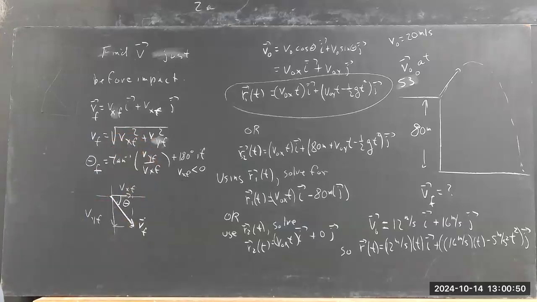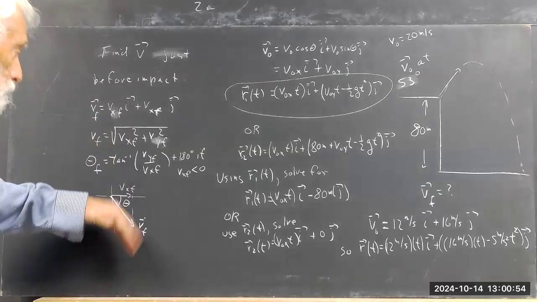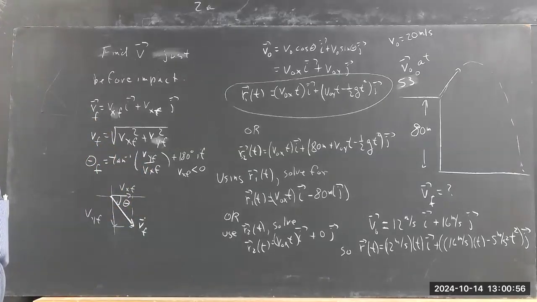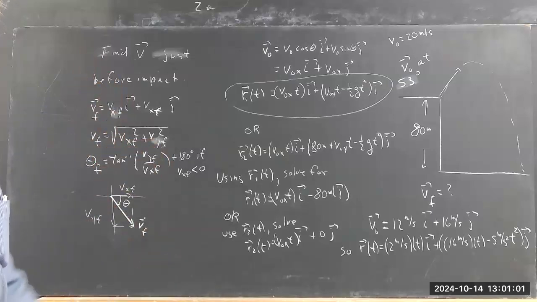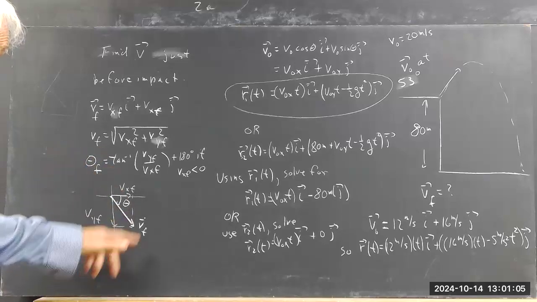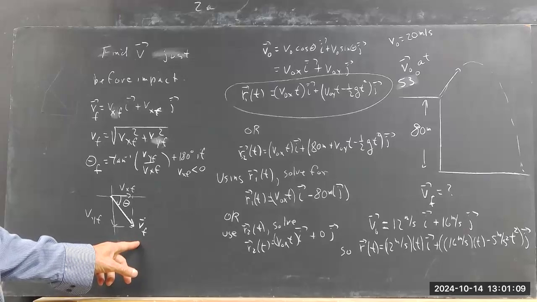So you take the arctangent of a negative. The arctangent of a negative gives you an angle between negative 90 degrees and 0, or negative pi over 2 and 0, whatever. Okay. There it is. Right there's the whole picture. There's your final velocity. That's just before impact.